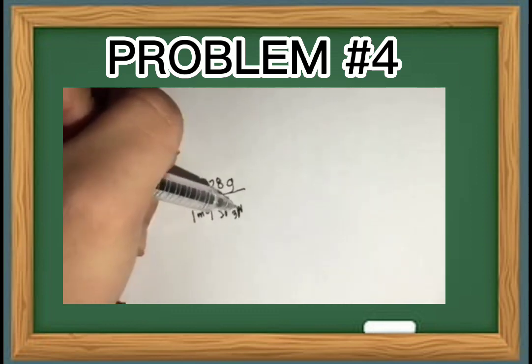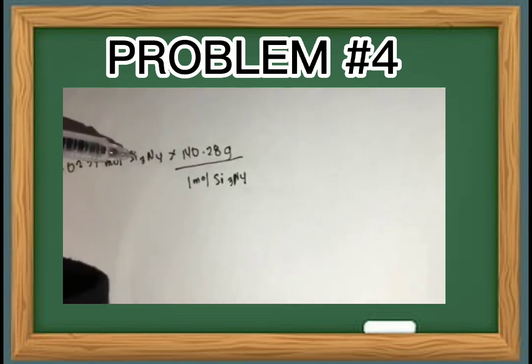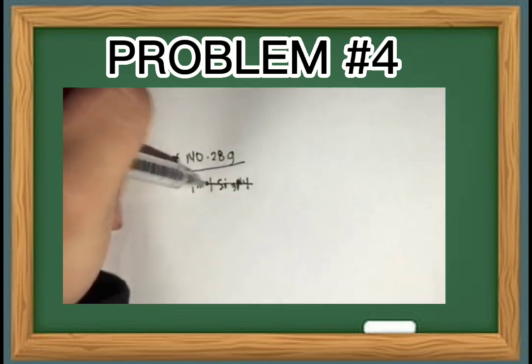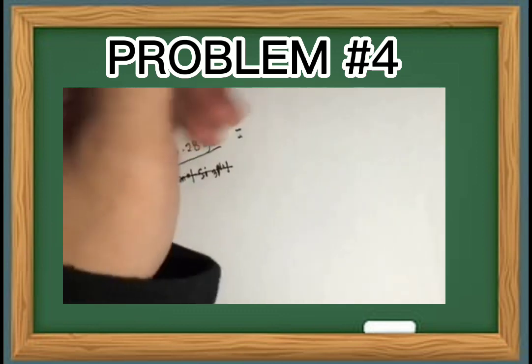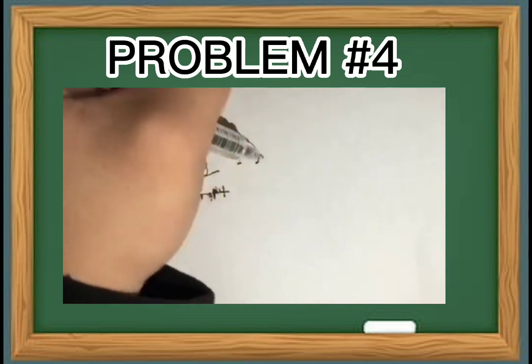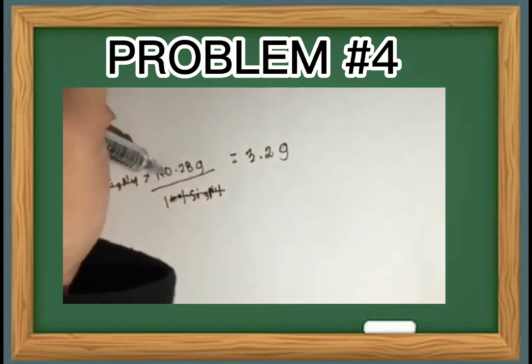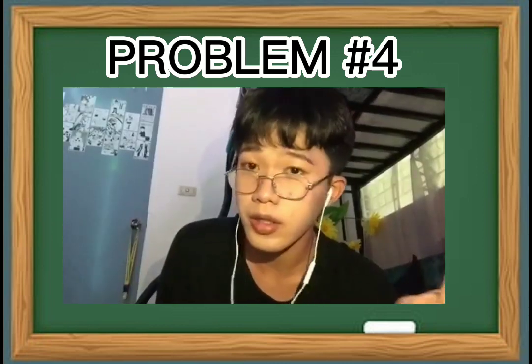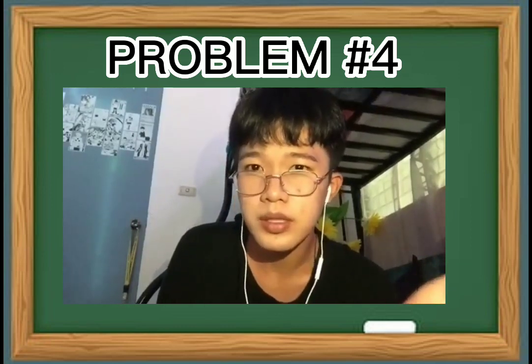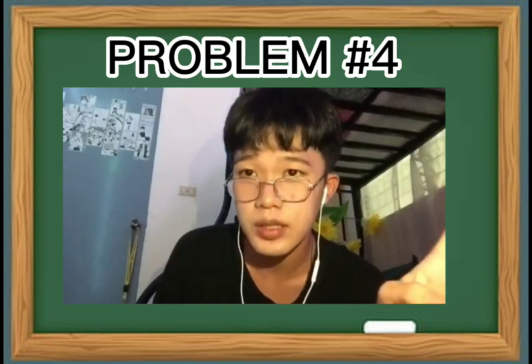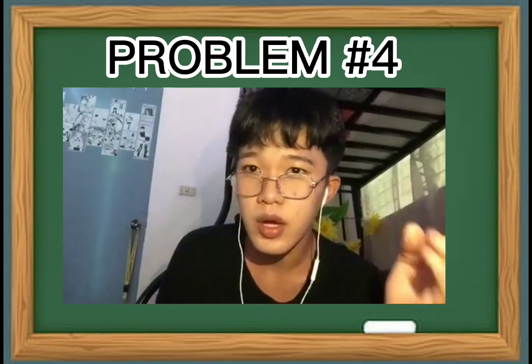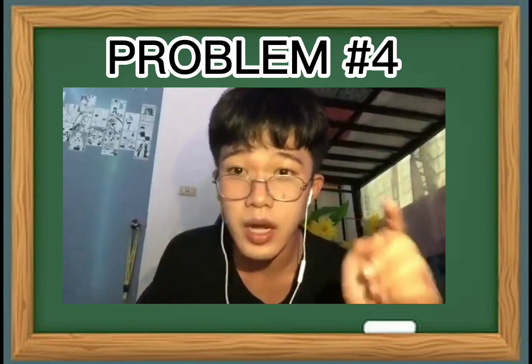And next to that, let's do the cancellation. And we ended up having 3.32 grams. And that is now our theoretical yield. And lastly, we need to know what the percent yield would be. So first, let's remember its formula, which is the percent yield is actual yield over theoretical yield times 100.